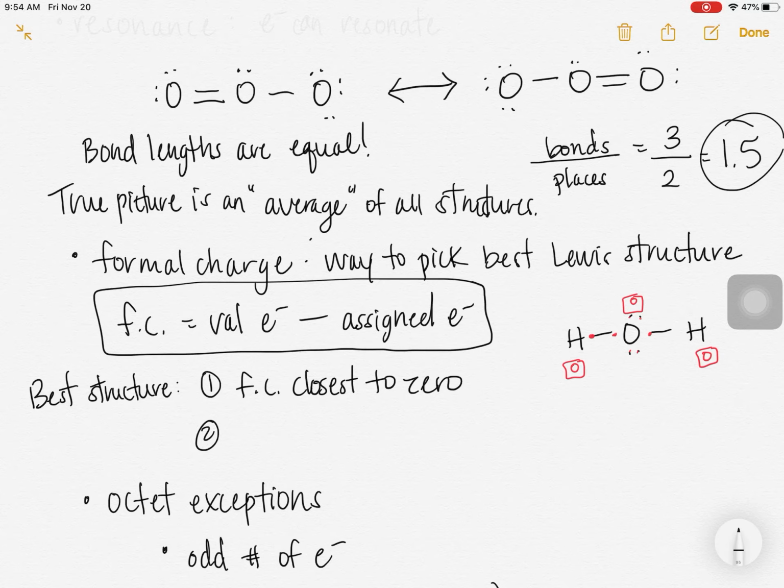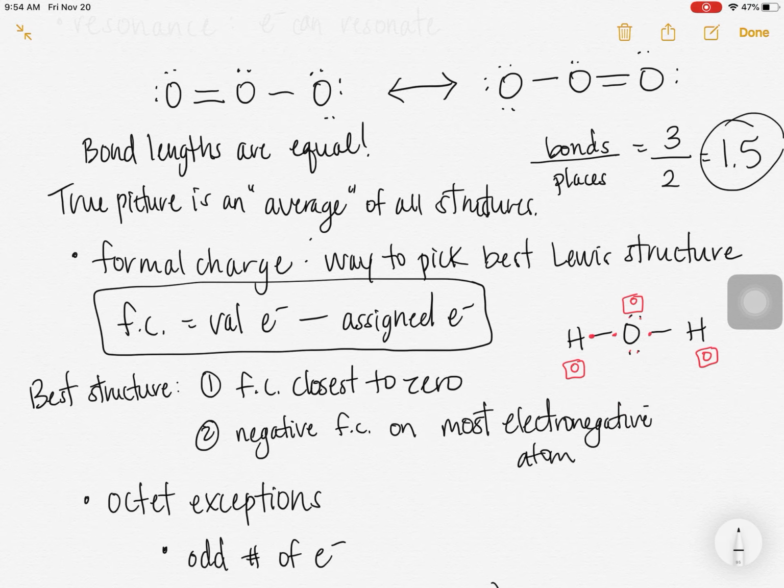But if that doesn't allow you to pick the best structure, then the best structure has a negative formal charge on the most electronegative atom. And remember, electronegativity, which we'll talk about in a minute with polarity, increases up and over.